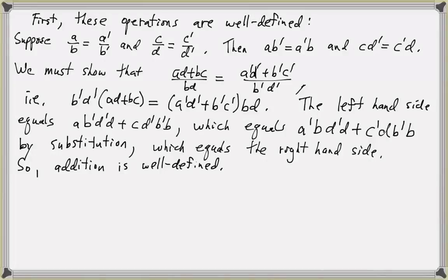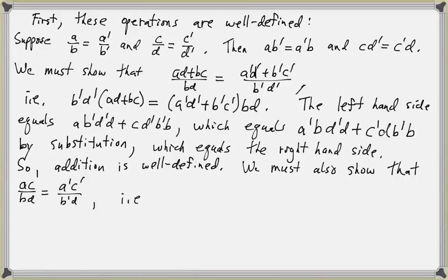Now for multiplication. So we must also show that AC over BD equals A prime C prime over B prime D prime, which again is equivalent to AC B prime D prime equals A prime C prime BD.